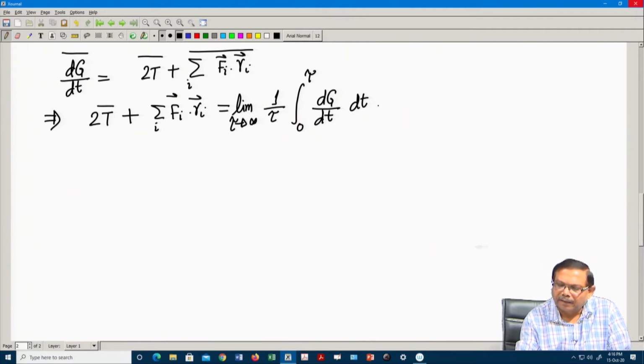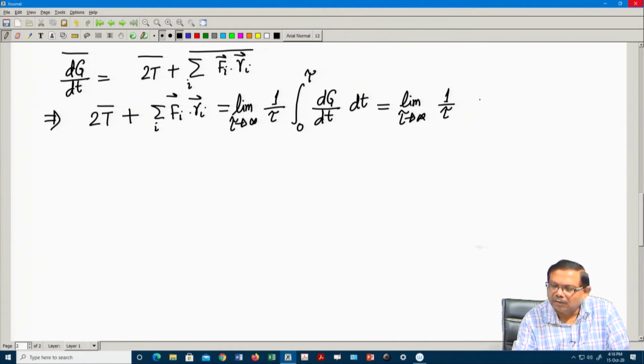Now, you see this is dG/dt and the integral is over dt only, so this is a total derivative dG. So, I have the limit tau going to infinity of 1 upon tau, and we have G of t between 0 and tau.